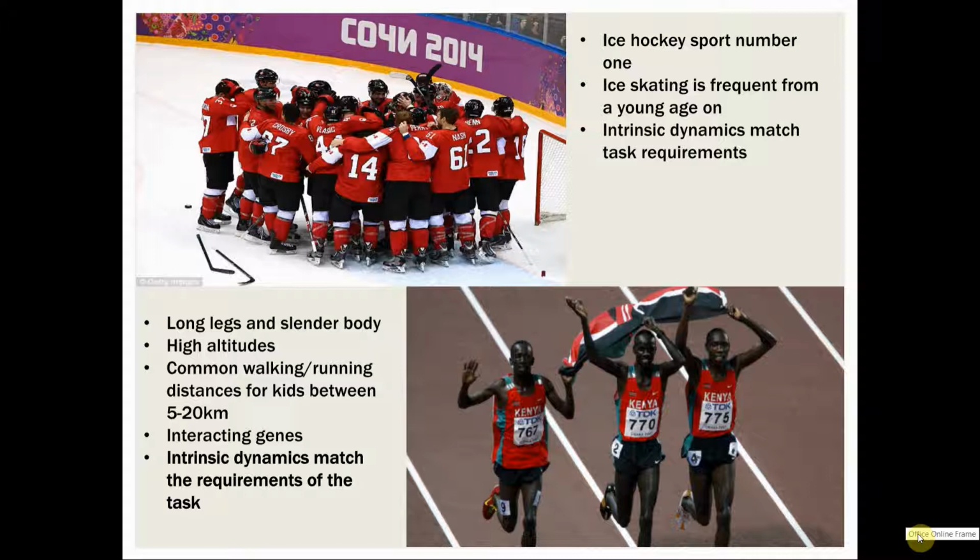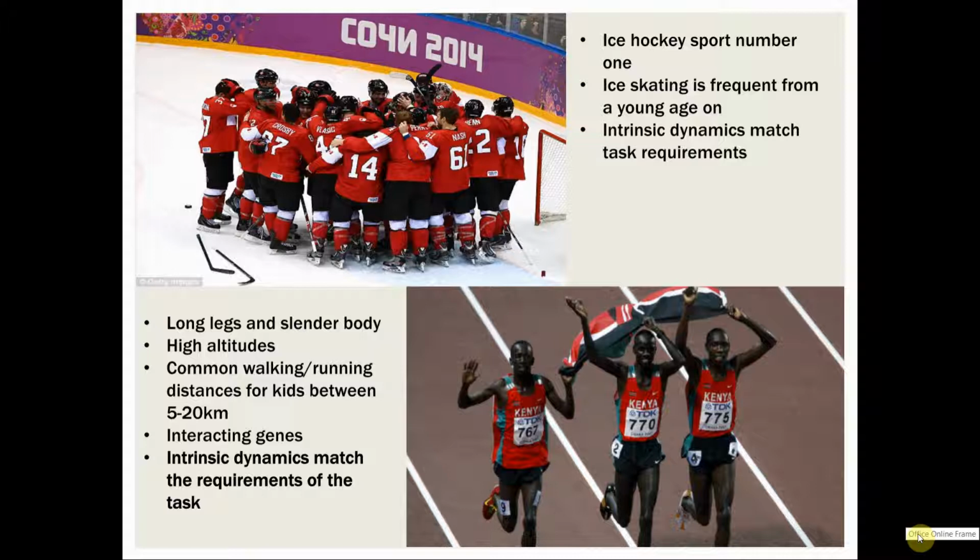Right? If you imagine in Canada, ice hockey is the absolute number one sport, and ice skating is very frequent from a young age on, and not just for sports purposes, but also for locomotion. Right? The same in the Netherlands, where a lot of the lakes and waterways get flooded and frozen in winter, and sometimes people can ice skate for 70 kilometers, right, without having to stop.